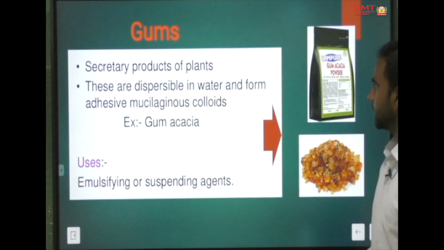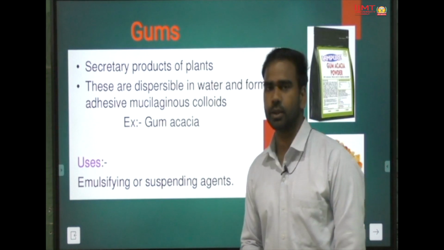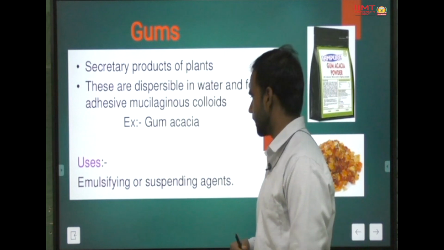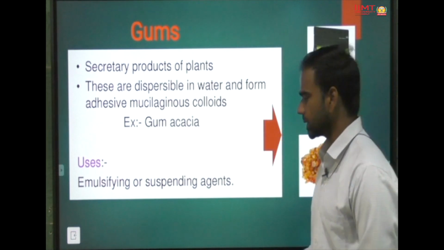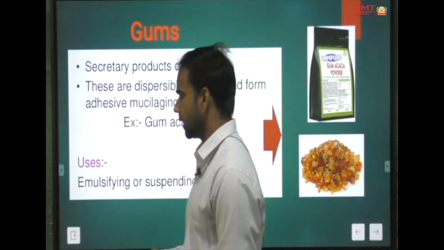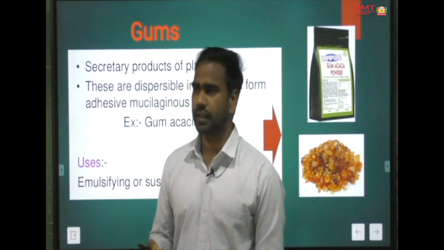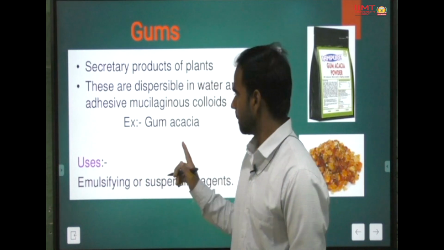If we talk about gums, gum acacia is one of the common examples, and it has different properties like emulsifying or suspending agent. Most pharmaceutical industries use gum as a suspending agent and emulsifying agent, and it is also used for laxative and purgative properties.